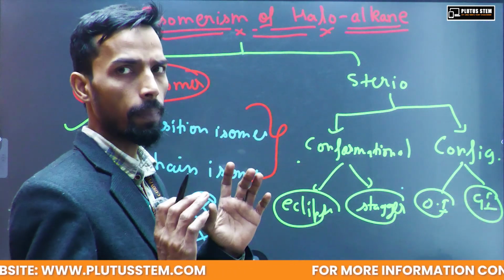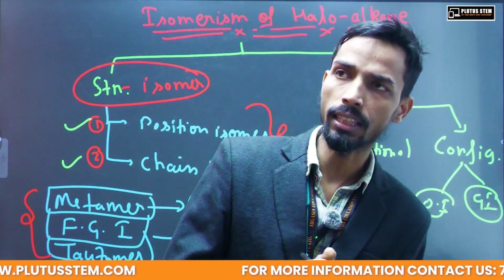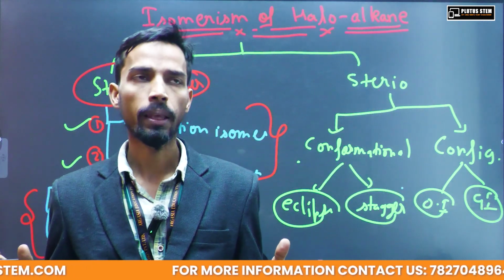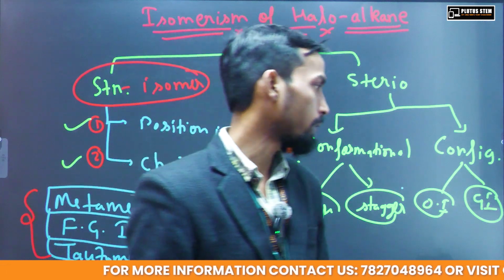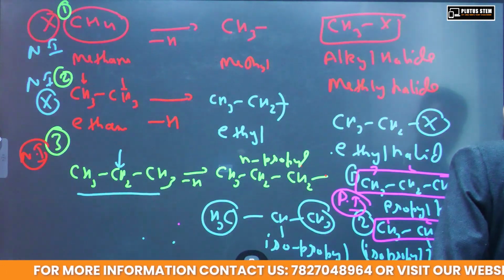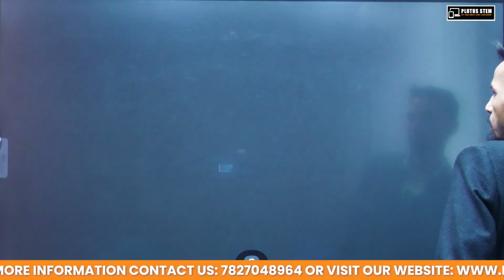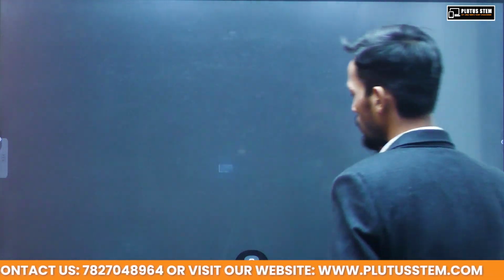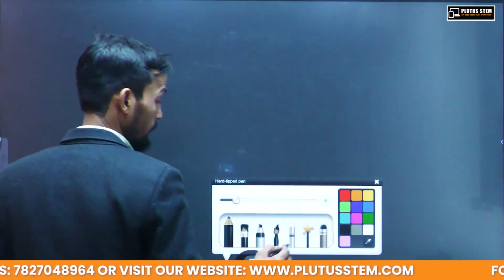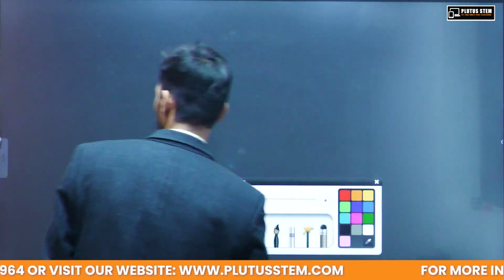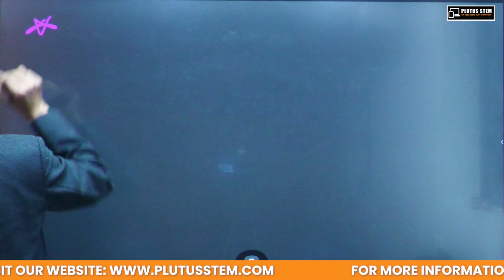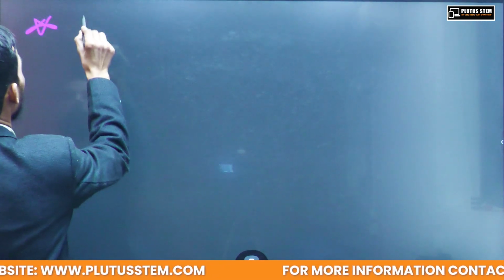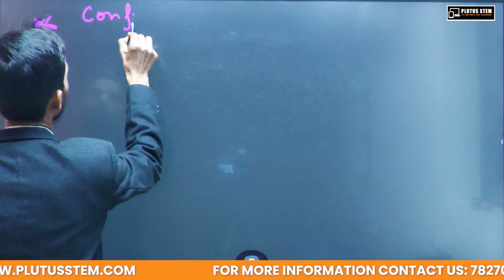We have already studied these in quite some detail in the GOC part in class 11. You can go over there and watch the lecture, but I will make you a quick revision, just to give you a glimpse of that. I am letting you know conformational isomers.